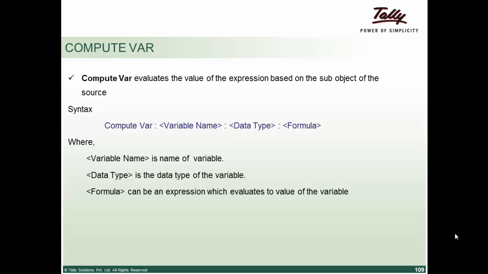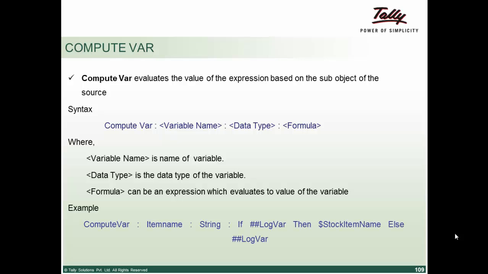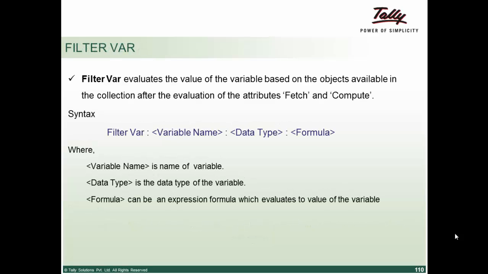There's a simple example to it. Similarly, we have computeware. Computeware evaluates the value of an expression based on the sub-object of the source. Again, the syntax is the same: computeware, variable name, data type and formula. And again, we have an example here. Then we have filterware.